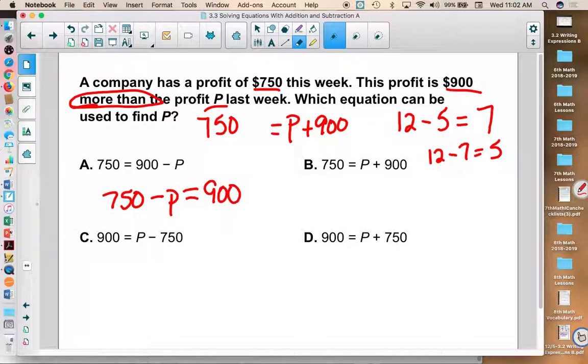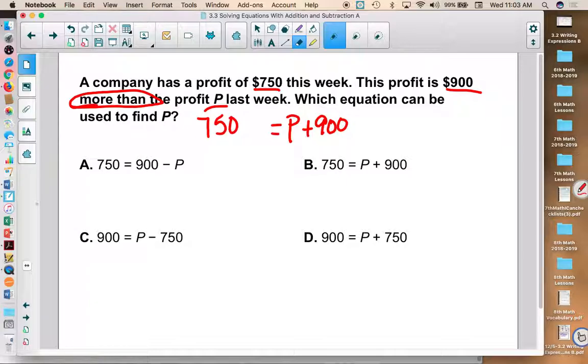And that is one of them, isn't it? 750 is this week's, and that is 900 more than P. Correct? I like that one lots better. And that one is there, isn't it? So it has to be B, correct?